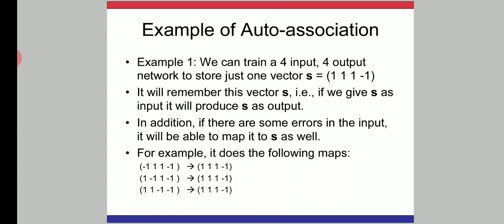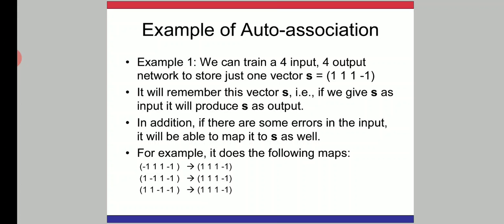So we may learn to store 1 1 1 -1. ঠিক আছে? In this example of auto association, we are considering a neural network, এমন একটা নিউরাল নেটওয়ার্ক যেটাতে একটাই মেমোরি স্টোর আছে, 1 1 1 -1. এর মানে কি? এর মানে হচ্ছে যে যেমনই ফল্টি ইনপুট আমরা দিই না কেন, I will always get back 1 1 1 -1.